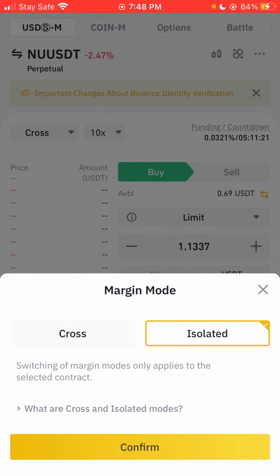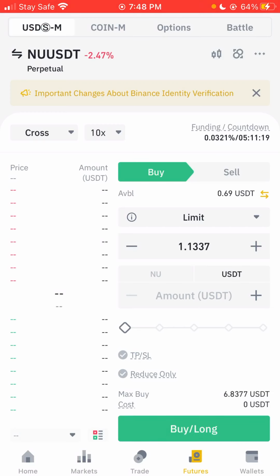It won't allow me to change because I'm already on the trade and I'm using cross for some reasons. Please don't use cross, always use isolated. Isolated will give you peace of mind. Nothing is removed from the remaining balance and everything is fine with you. So that is the difference.